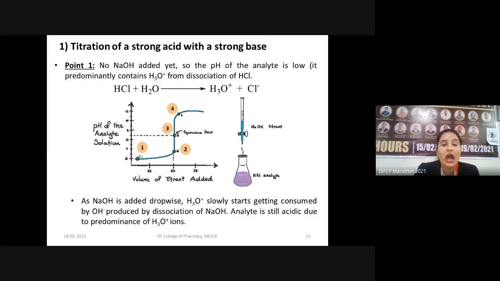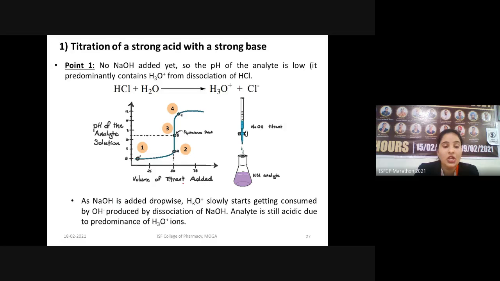Now, as sodium hydroxide is added dropwise, what is going to happen? The OH negative ions of the sodium hydroxide are going to neutralize the hydronium ions which are present in the solution from the HCl portion.